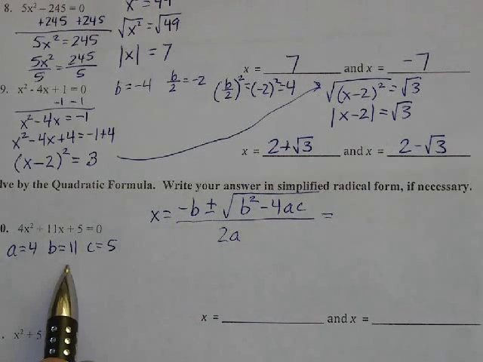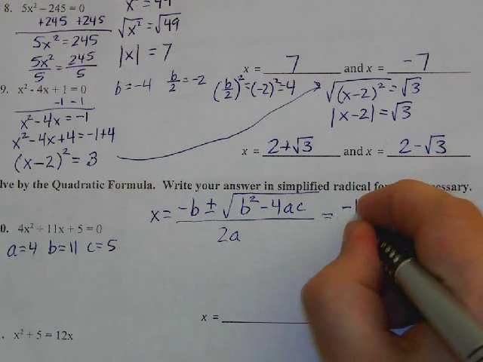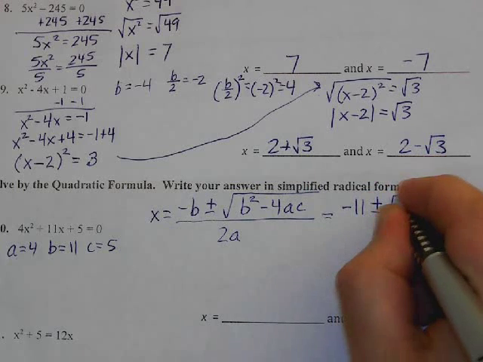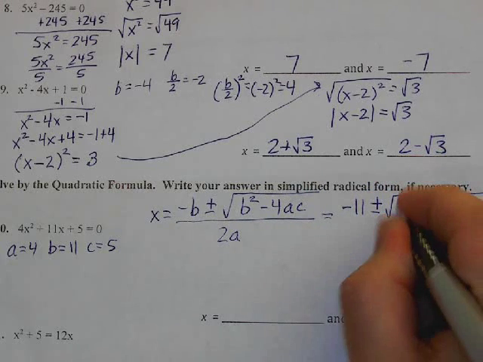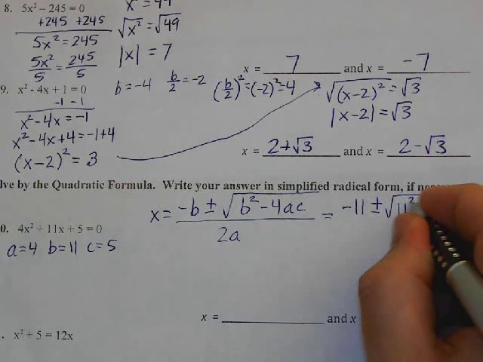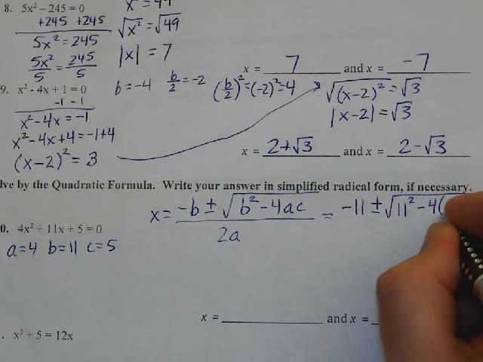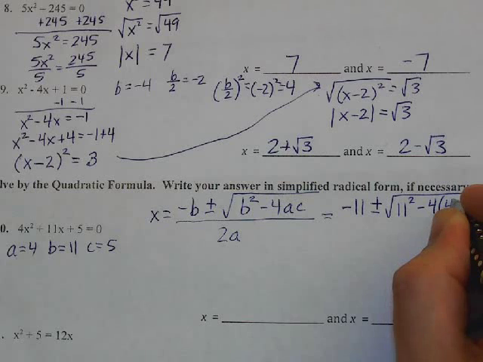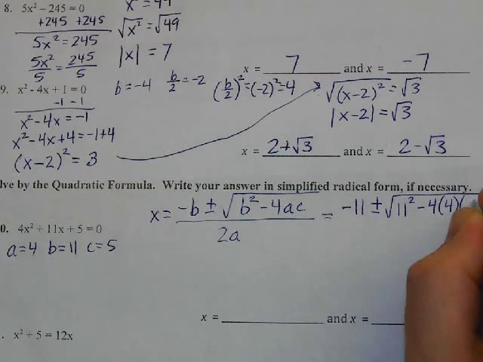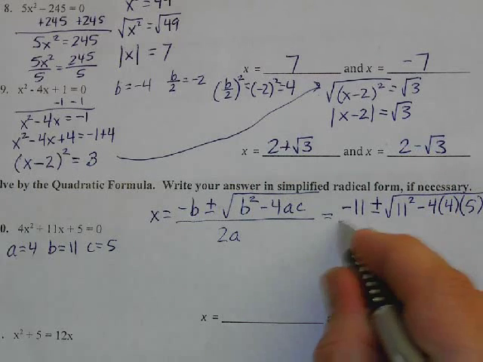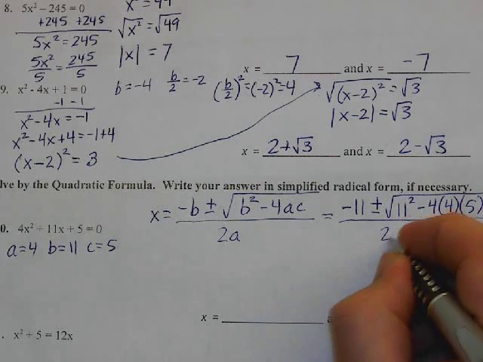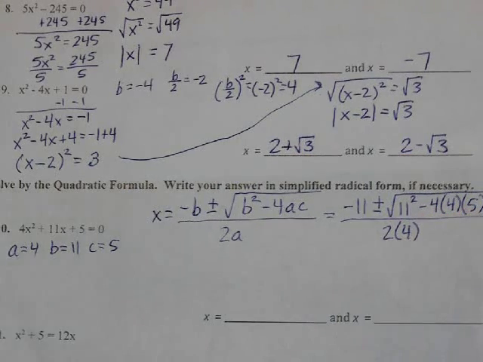So the opposite of b is going to be negative 11 plus or minus. Then inside the radical, we get b squared, 11 squared, minus 4 times a, which is 4, times c, which is 5, all divided by 2 times 4.